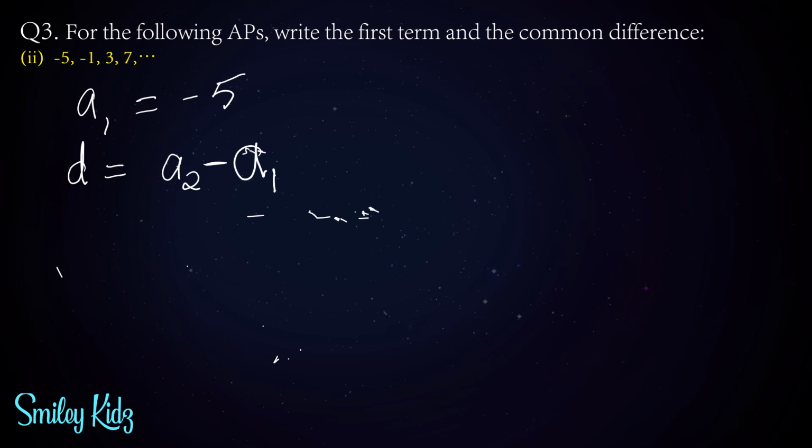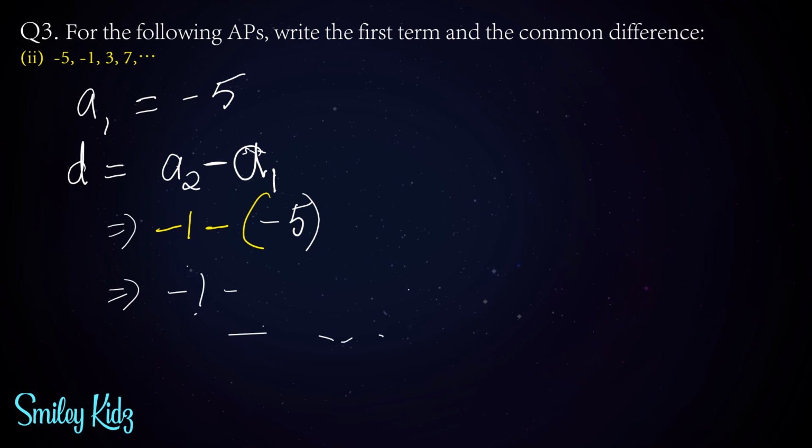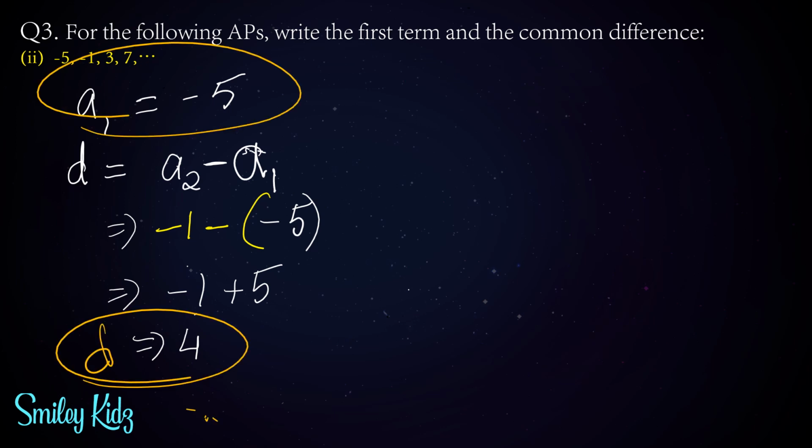Now what is A2? A2 is minus 1 minus of what is A1? It is minus 5. This in turn will give you minus 1 plus 5, which will give you 4. So what is the common difference in this case? The value of D is 4. And what is the first term? The first term is minus 5.